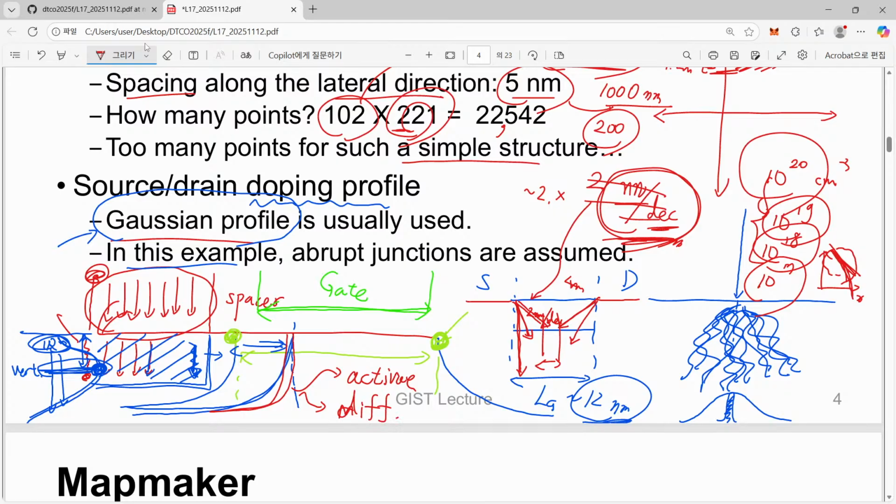In order to activate this source and drain, we must apply heat, quite a high temperature. How high? It is around 1000 degrees Celsius. At the same time, we must ask them not to move, just to stay there and become active dopants. So this is quite a significant challenge. So what we do right now is apply an impulse of heat.